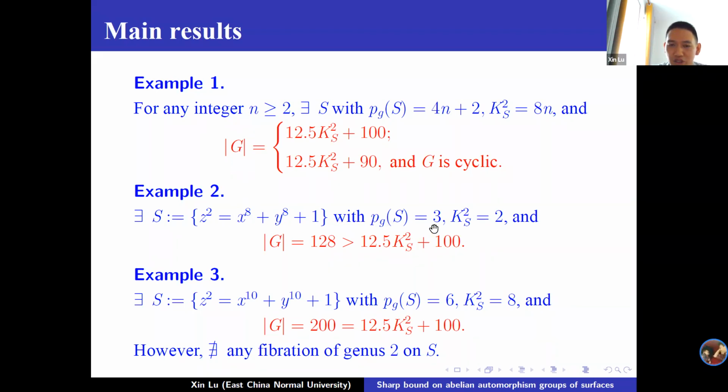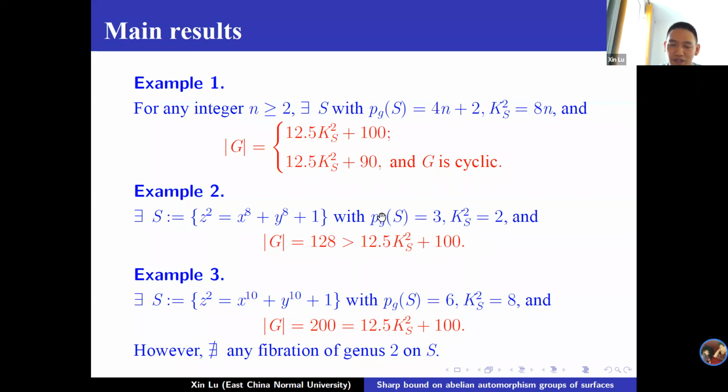By direct computation, we know that the geometric genus of S is equal to 3 and K square is equal to 2. And on this surface, there exists an abelian subgroup of size 2 times 8 times 8, equal to 128, which is strictly larger than 20.5 times K square plus 100. Here, because K square is equal to 2, this number is 125. So 128 is strictly bigger than this one.